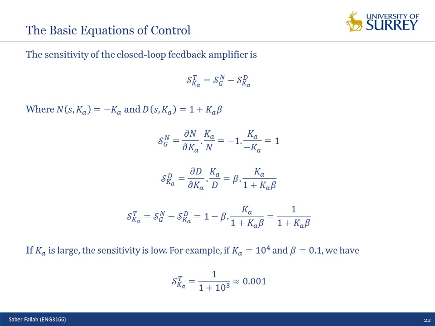While if you have an open loop system, you will have 100% sensitivity. Okay? The system is well robust against the variation of Ka. Correct? Is that clear to everyone?